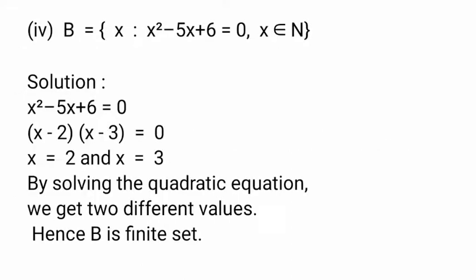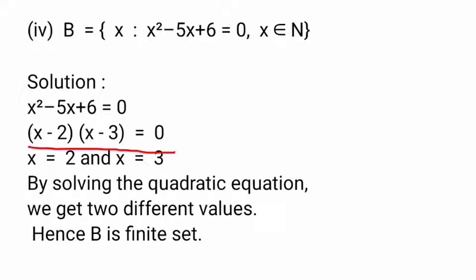Fourth one, B equals the set of x such that x squared minus 5x plus 6 equals 0, x belongs to natural numbers. N means natural number. Solution: we get the equation x squared minus 5x plus 6 equals 0. Factorize the quadratic equation.